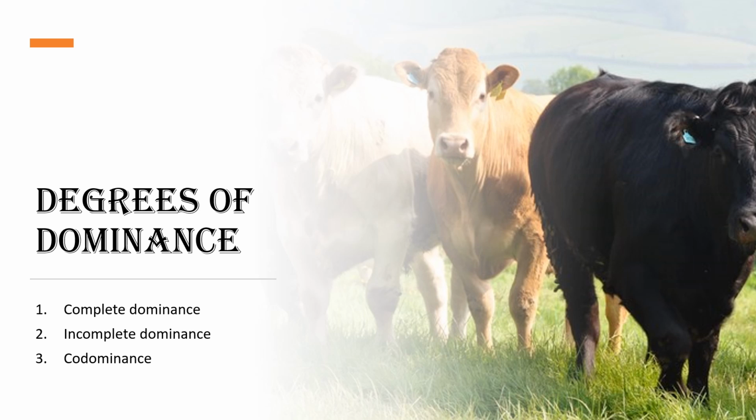So I use this phrase, degrees of dominance, to give a name for these types of dominance. Or you can even say types of dominance. I feel like it makes sense. So that's how I label them, and we will talk about what happens when you go to the next slide.